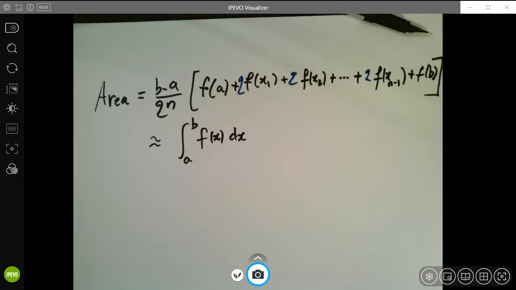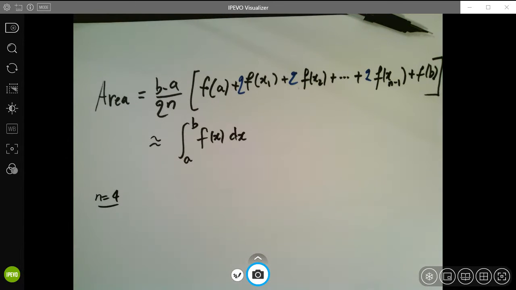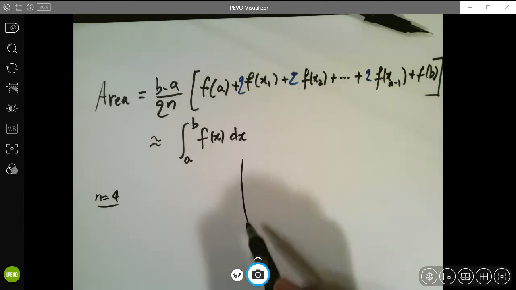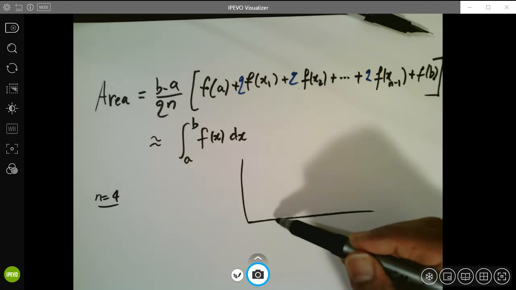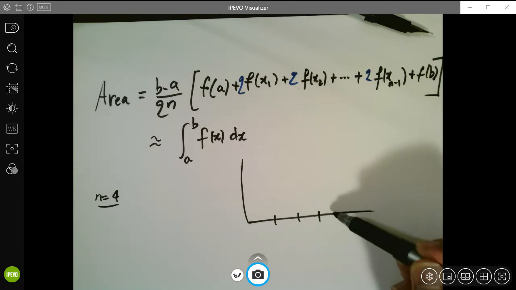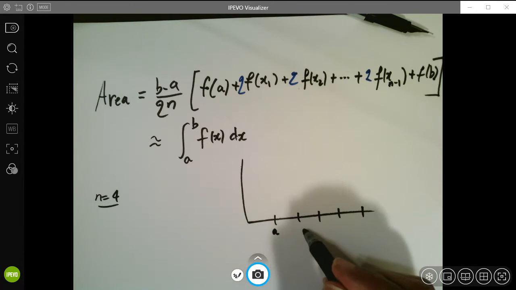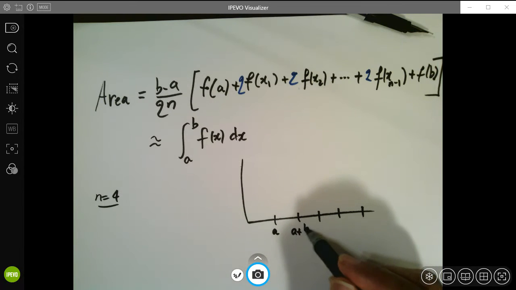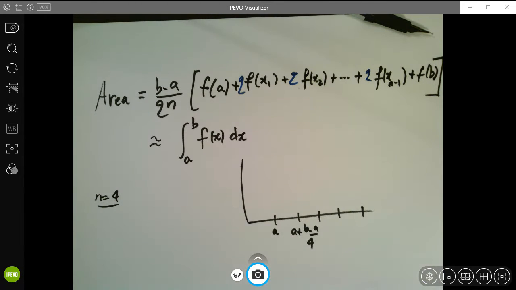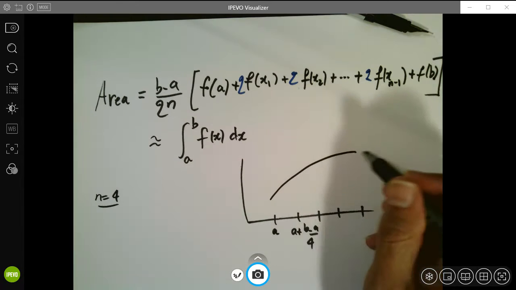For instance, if n is 4, I will have a subdivision of 4: 1/4, 2/4, 3/4. Anyway, it will be like this.